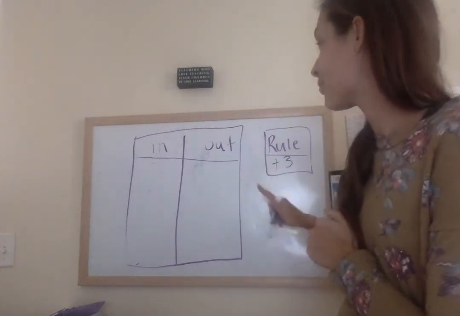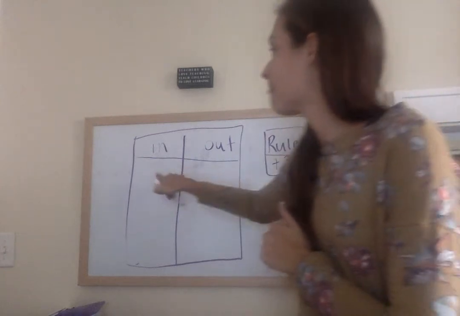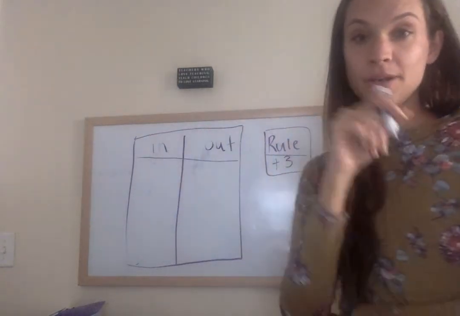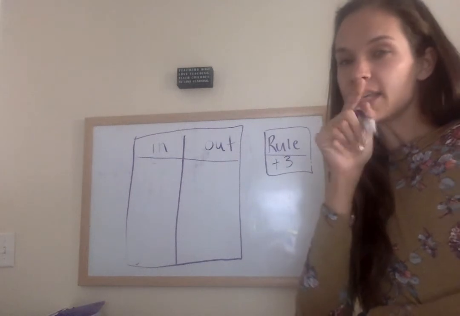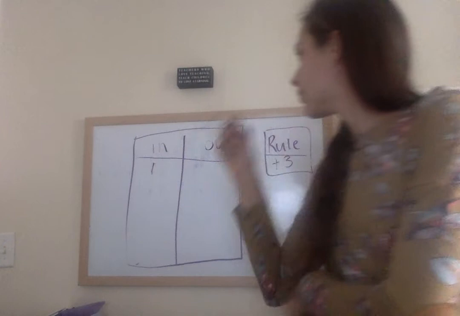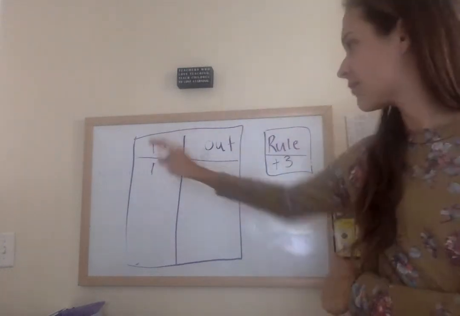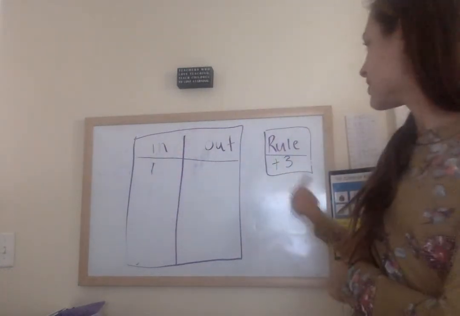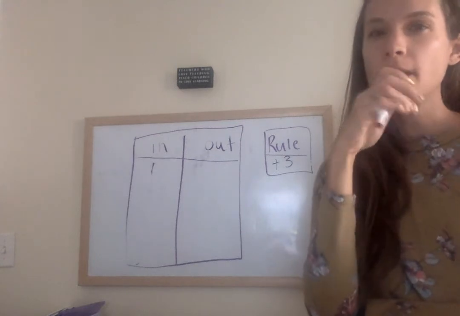All right, +3. Now, I am going to give you the input. We're going to say the input is 1. The number 1. What would you have to do? We have the number 1. Our rule is +3. What would you have to do?